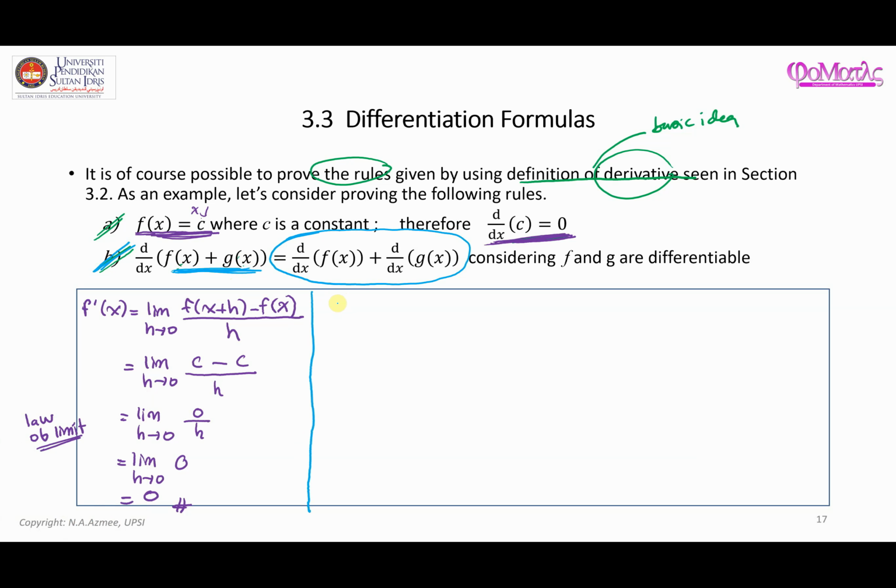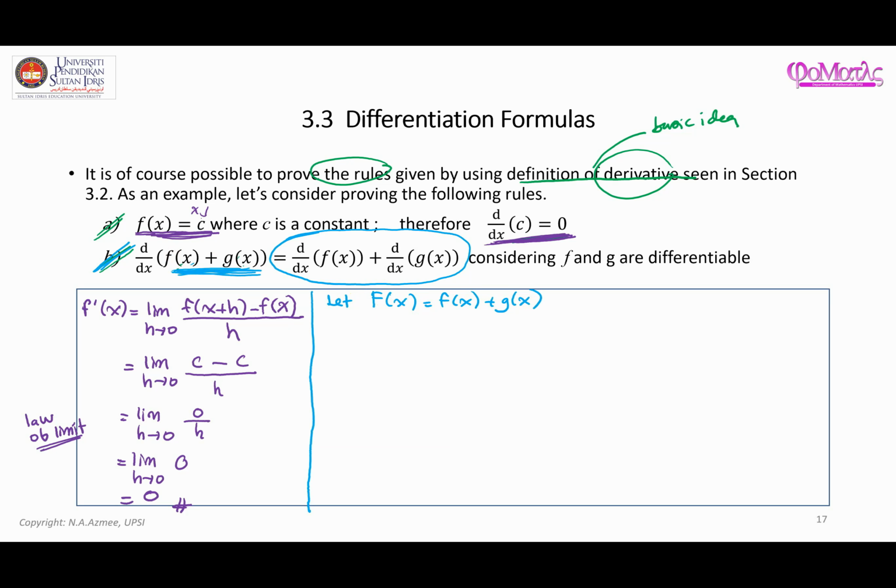So here I have f(x) plus g(x), and in order to simplify the process, I'm going to start off by letting the big F(x) equal the small f(x) plus g(x).